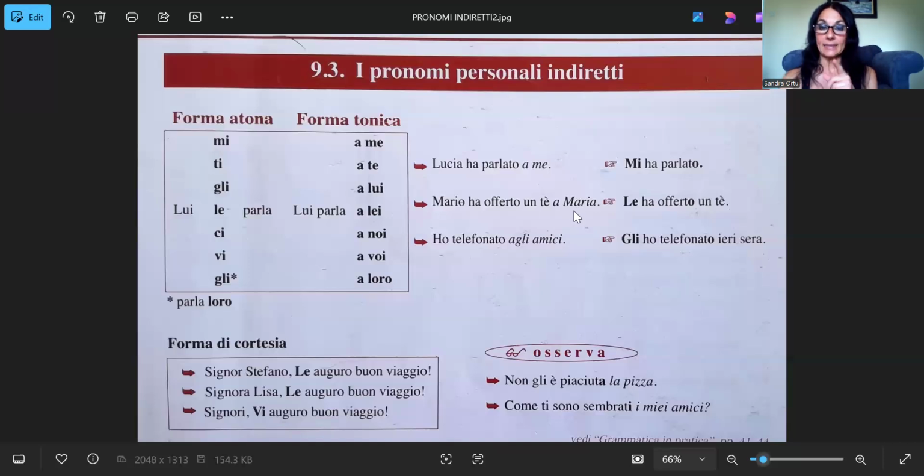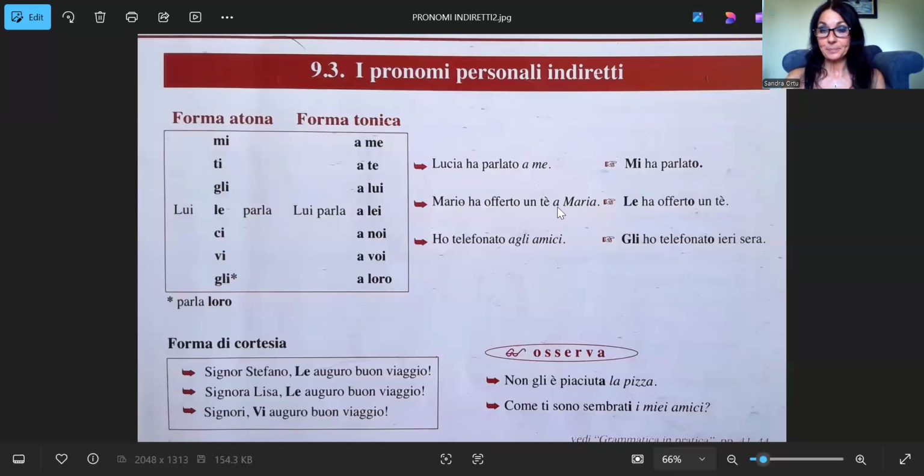However, here remember that we are putting emphasis on the fact that Maria was offered a cup of tea, but probably, depending on whatever the context is, Mario doesn't normally offer tea to anyone, or maybe he doesn't offer it to Maria. However, on this occasion, he did.